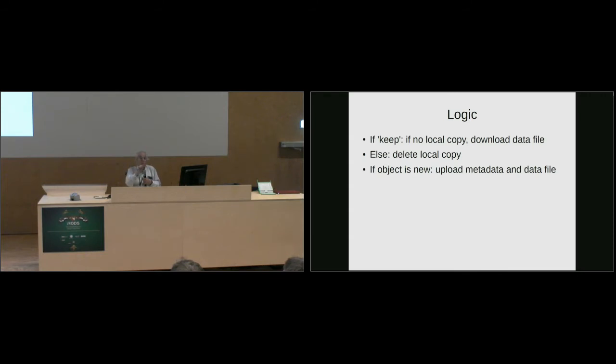If keep is not set, it will check to see if there is a local copy of the file. If there is, it'll delete it. So this will take care of that storage management issue. Then it checks to see if this object is new, that is to say it was created after the last update. If it's new, then it needs to upload the metadata and the data file.